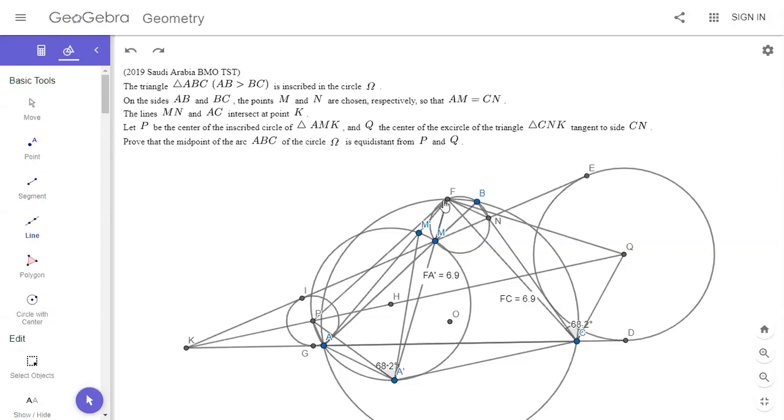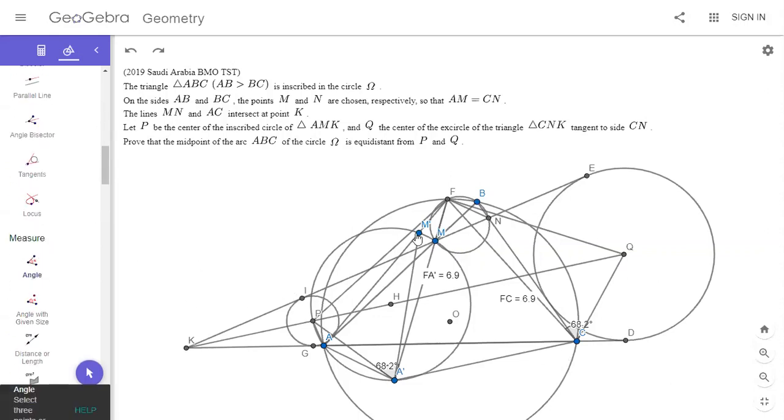So is NFC equal to, let me try this. This is kind of interesting.